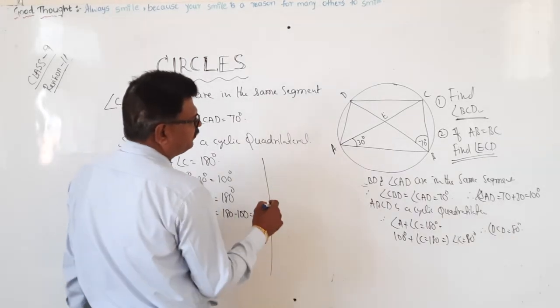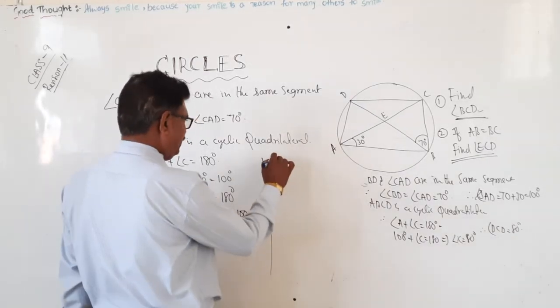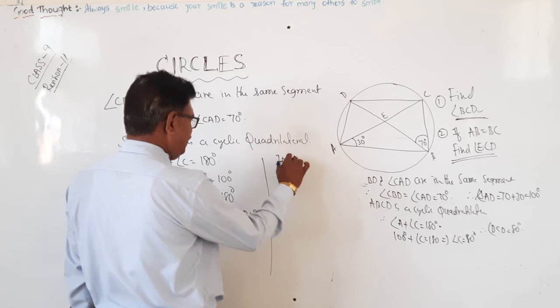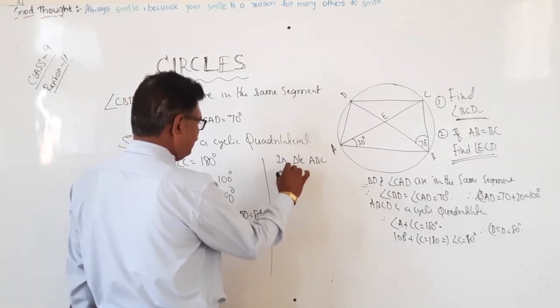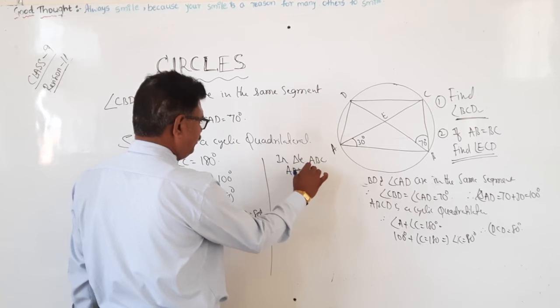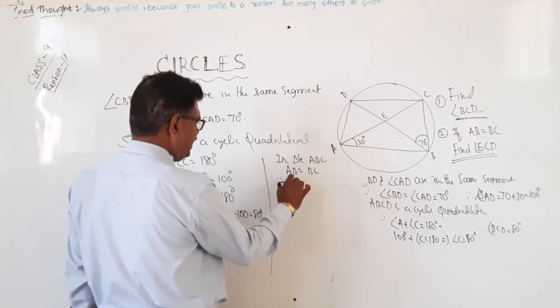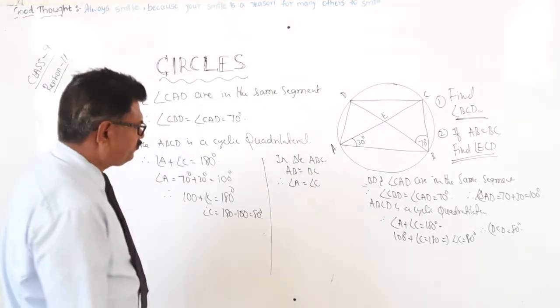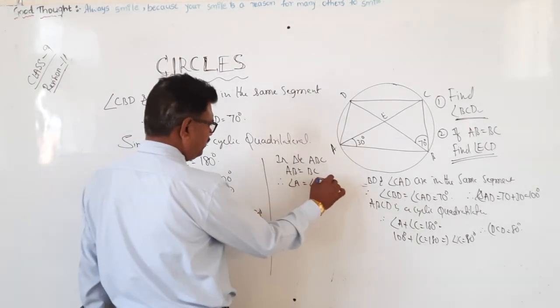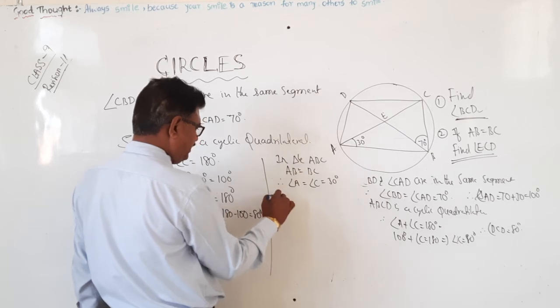Now you see, in triangle ABC, AB equals BC. Therefore, angle A equals angle C. Now it is nothing but equal to 30 degrees.